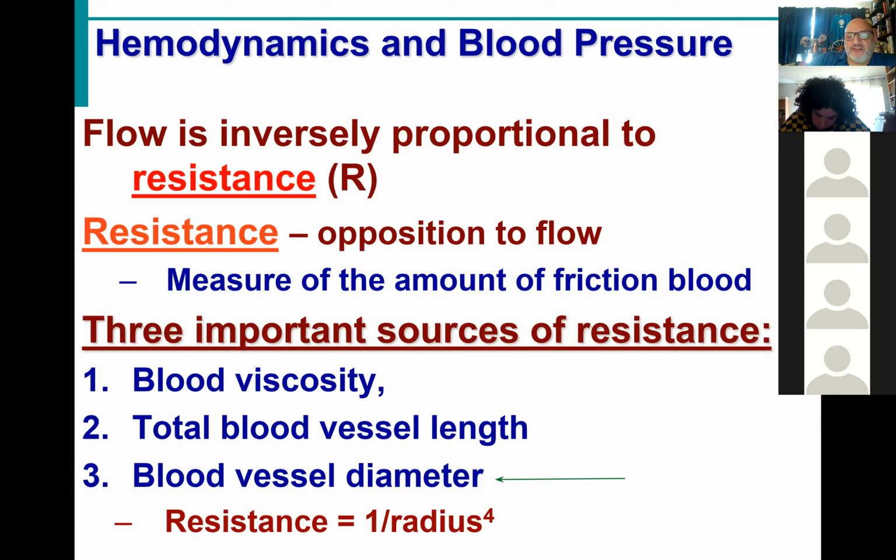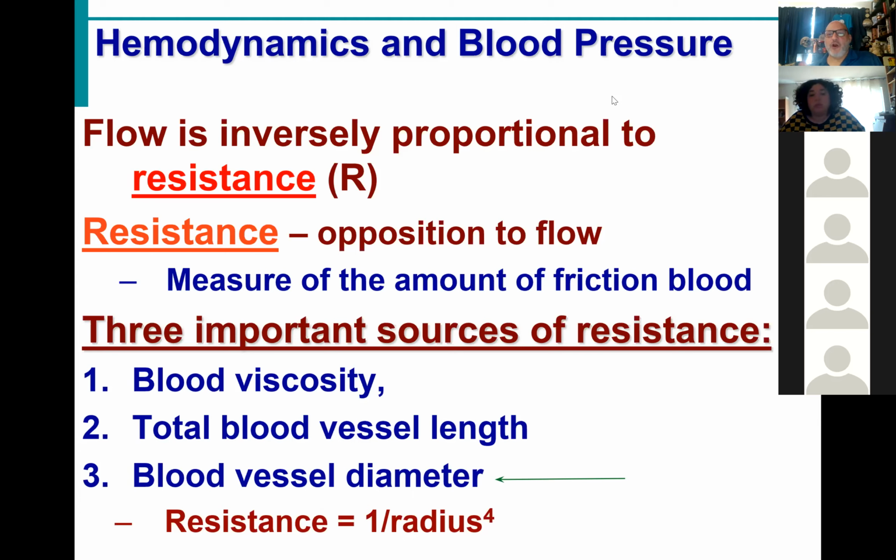Here is a math equation that you don't need to worry about, but I am going to throw a number out there just so you can see. This resistance is related to 1 over the radius of a blood vessel to the 4th power.